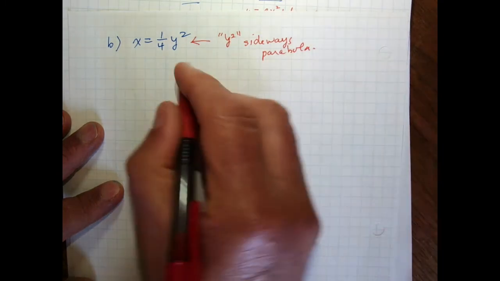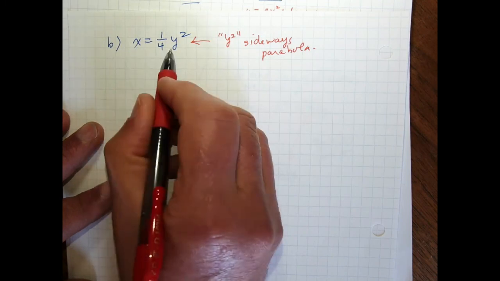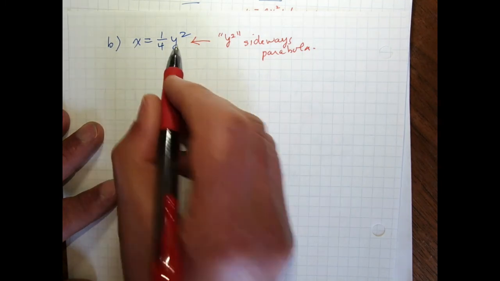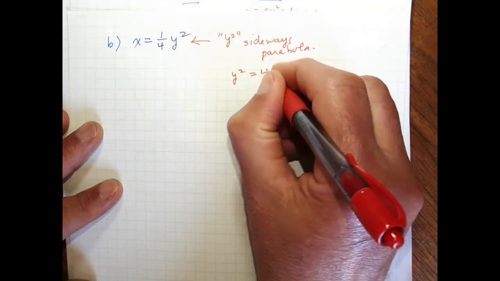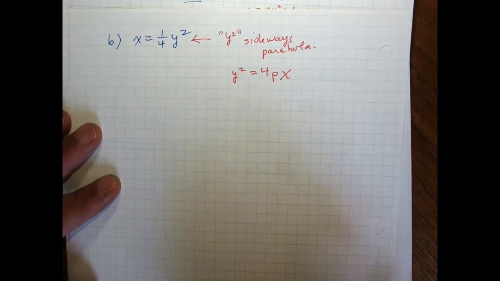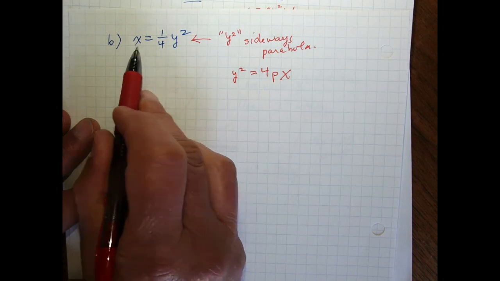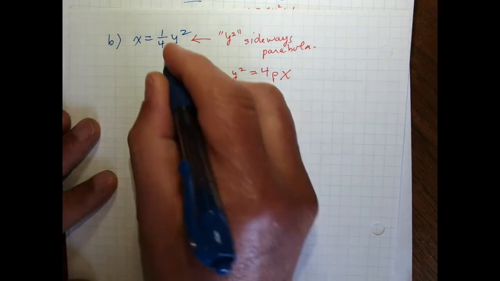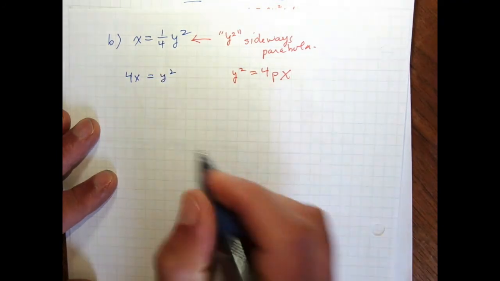My standard form for when I have x equals something times y squared is y squared equals 4px. And so I want to convert this equation to that standard form. Multiply both sides by 4, I get 4x equals y squared.